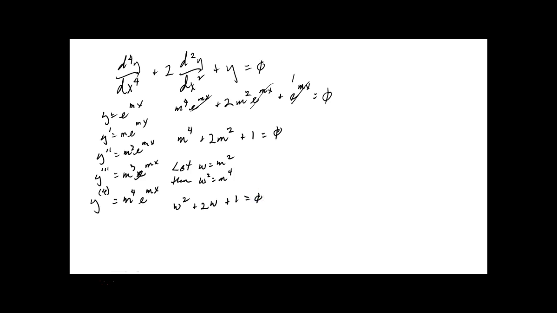Yes. How? W plus 1 squared, or w plus 1 times w plus 1, equals 0. So what are your roots? Just minus 1. Because you set each of those equal to 0, and that's not an m, that's a w, sorry.